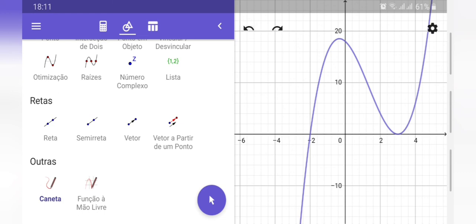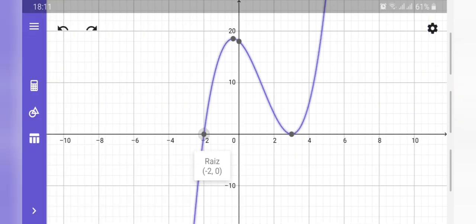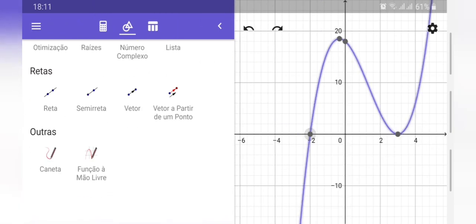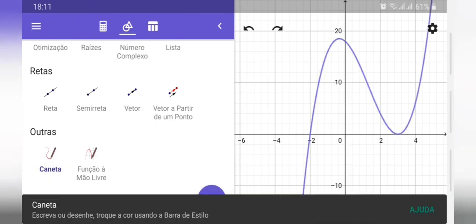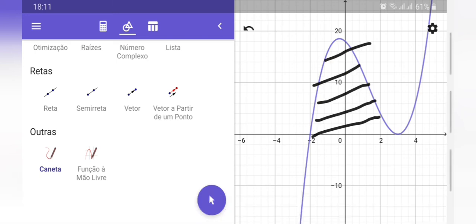And the other root over here is minus 2 and 0. The area he wanted was the area of this curve from minus 2 to 3. All this area, this is why it was an integral.